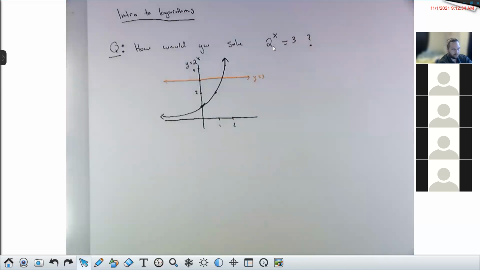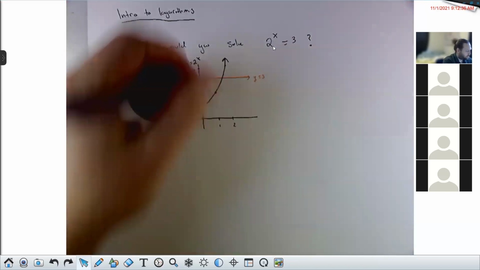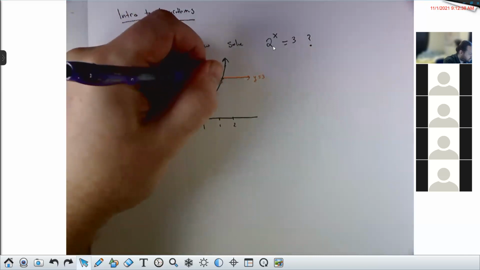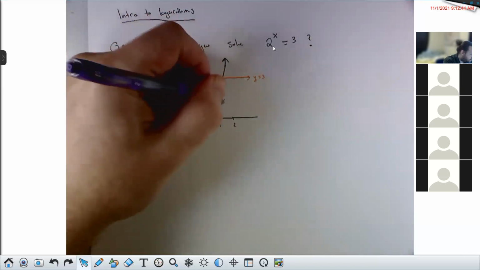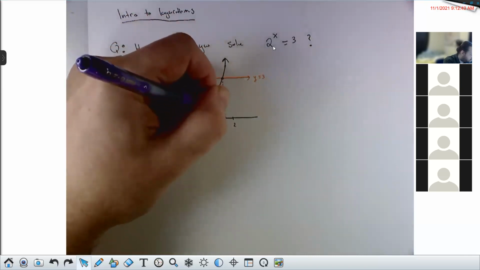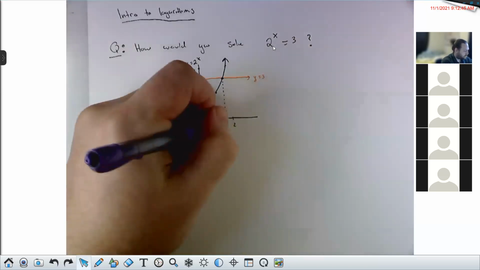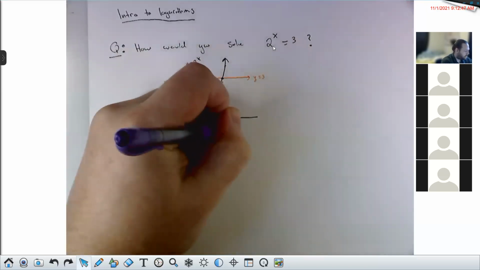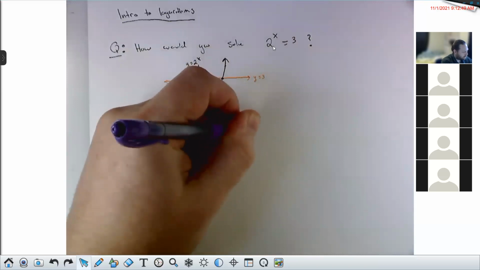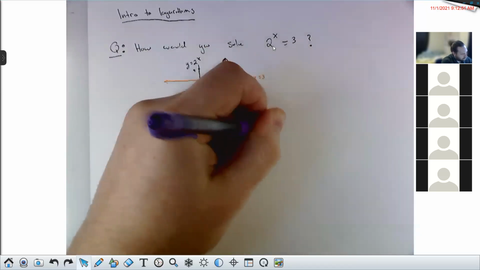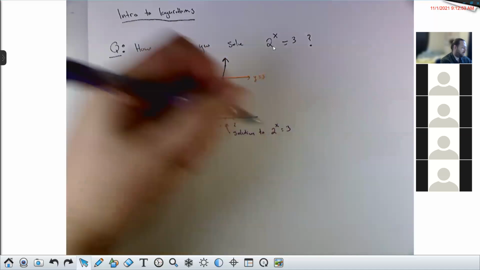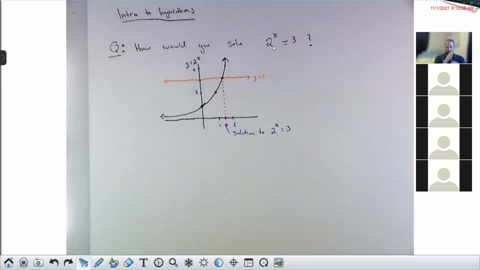And we can see that there is a solution to that equation. This x value is the solution to 2 to the x equals 3. It has to exist because those graphs do touch. But finding it, that's a little tricky. In fact, it's very tricky.